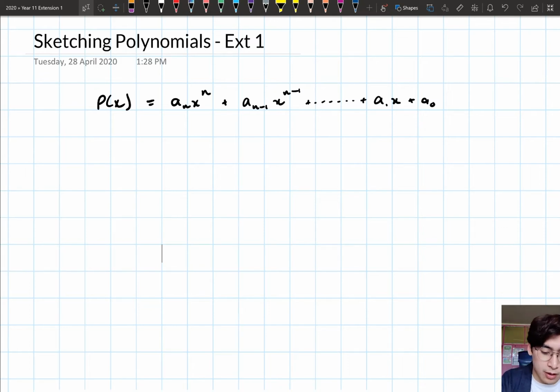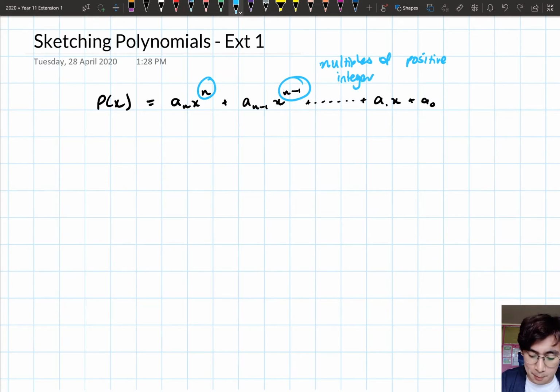The thing that we noticed was that this is all made up of multiples of positive integer or whole number powers of x. So if you look at this polynomial, we've got x terms and the powers are all positive integer values. So you can't have negative numbers and you can't have fractions in there.